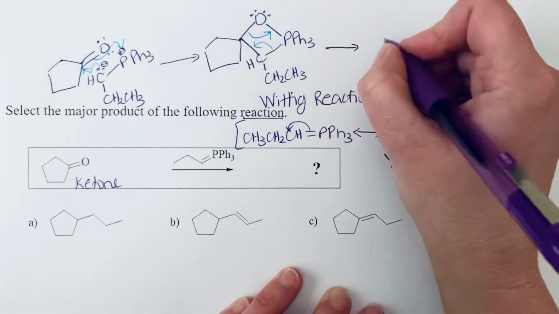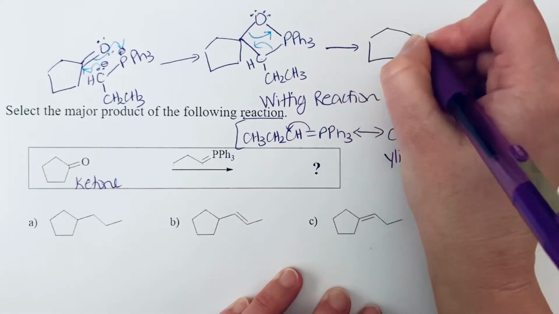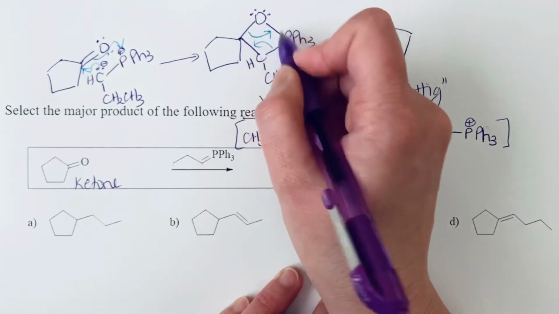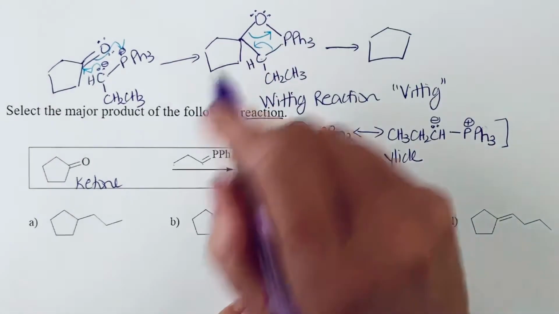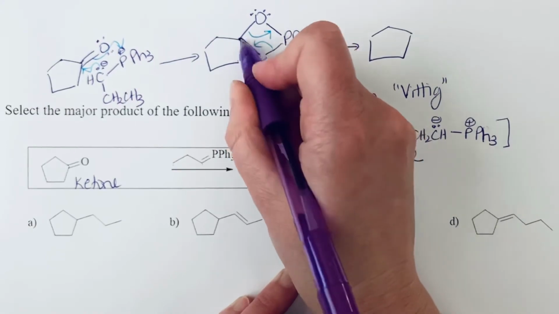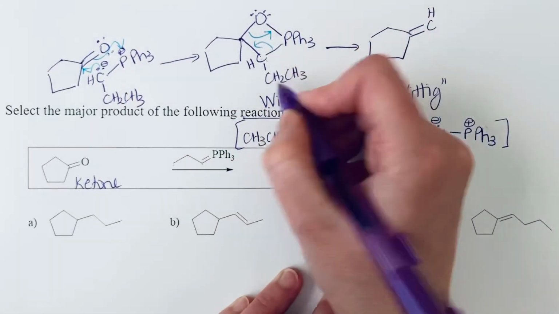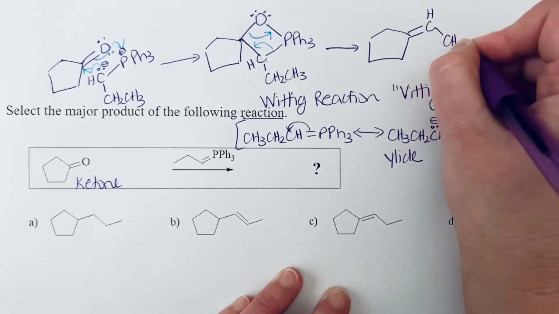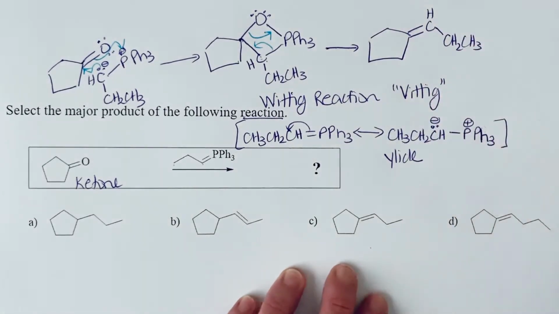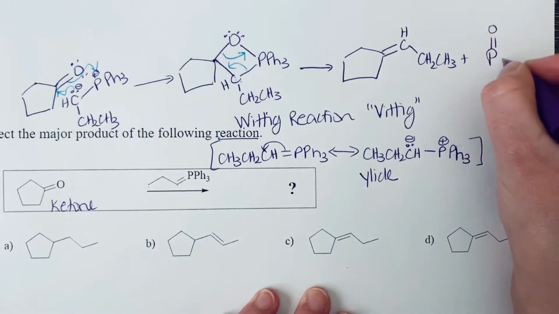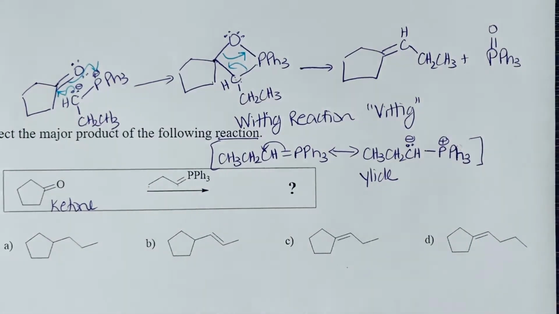So let's draw those products. So what used to be our carbonyl carbon, that oxygen is now gone. It's gone and rendezvoused with that phosphorus. And so we're forming a carbon-carbon double bond. So that's at CH, and it still has the CH2, CH3. And so we formed that. And we have also formed triphenylphosphine oxide. Okay, and this is a byproduct.